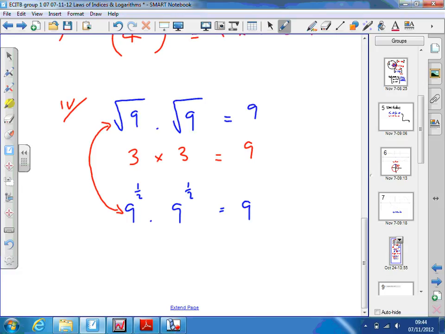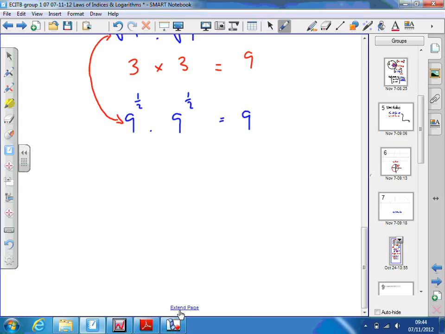And I could use a similar argument for the cube root. The cube root of a number is a number which when multiplied by itself twice gives that number. What's the cube root of 27? 3. The cube root of 27 multiplied by the cube root of 27 multiplied by the cube root of 27 is 27.